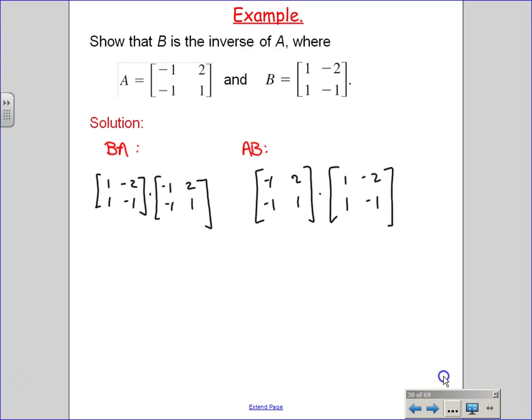You get to practice your multiplying skills at the same time. You notice with the 2 by 2s that both are legal to do, and you get a 2 by 2 for an answer.